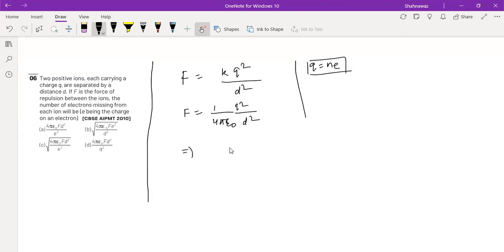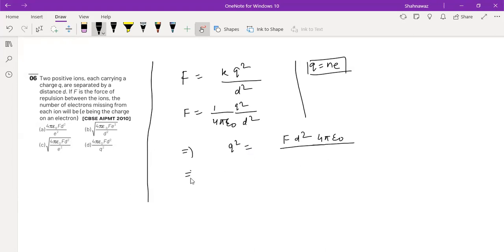So q square is how much? Q square is F d square by, and this is F 4 pi epsilon naught, right?